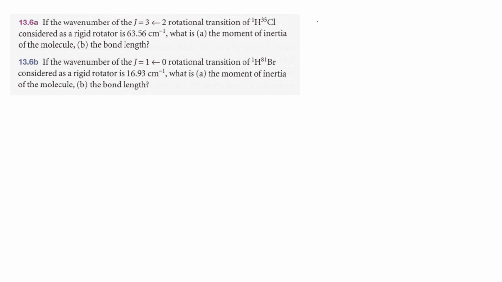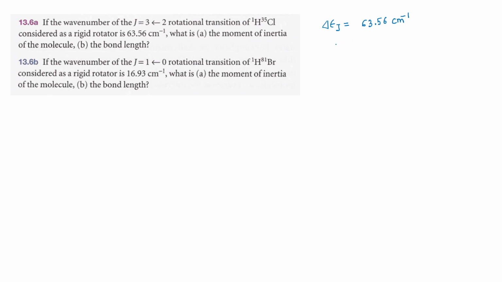Where rotational transition means that EJ is given. EJ is 63.56 centimeter inverse, right? And 2 to 3, so this is actually delta EJ, right?